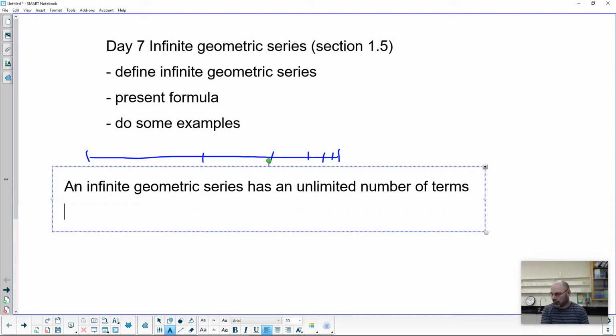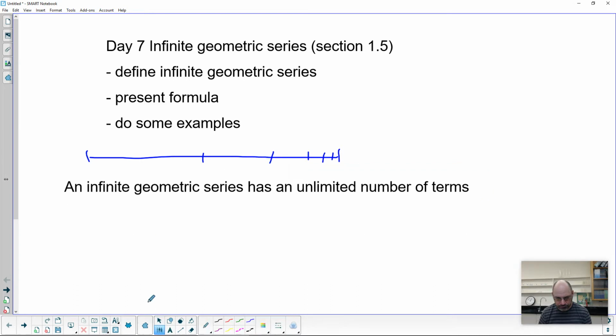So we use a symbol like this. I don't have it on the smartboard, so I'll have to use marker. It's kind of like this sideways 8, that represents infinity.